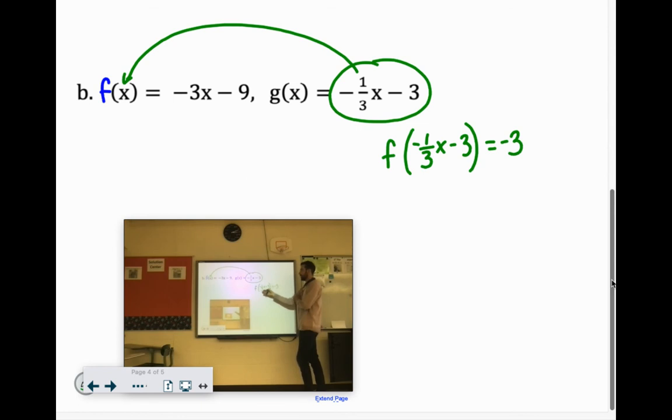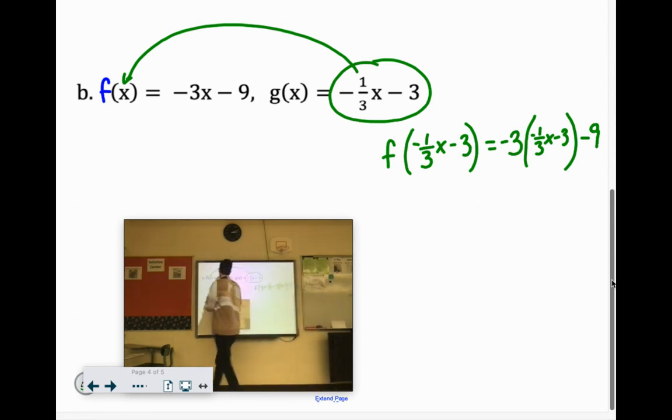Now this, the negative 1/3 x minus 3, that's our new x. So I'm going to put that all in parentheses. Minus 9. So again, all we did was take its equation and substitute in for x. We put in the other equation for x.